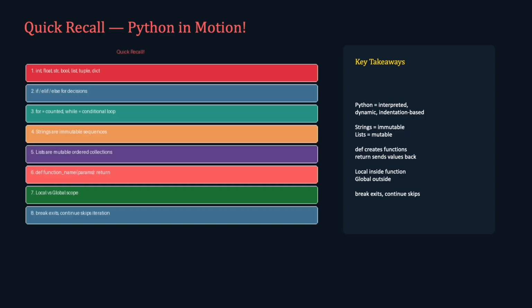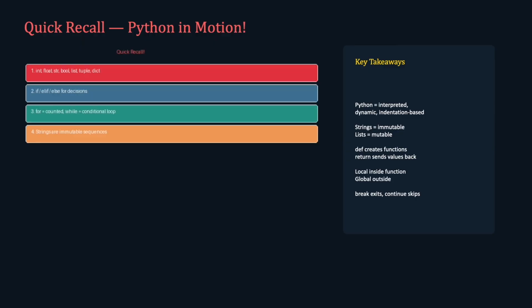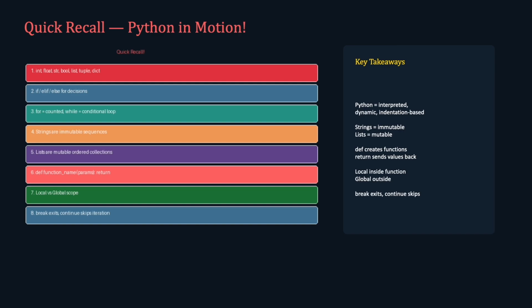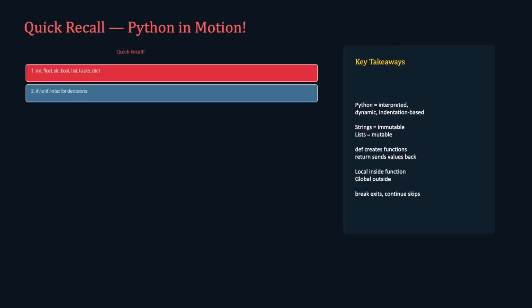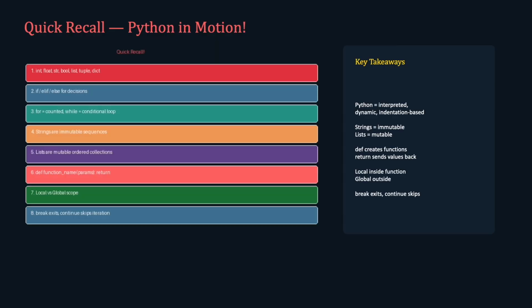Rapid fire revision. 1. Python has int, float, string, bool, list, tuple, dict. 2. If, elif, else for decisions. 3. For is counted, while is conditional. 4. Strings are immutable sequences. 5.